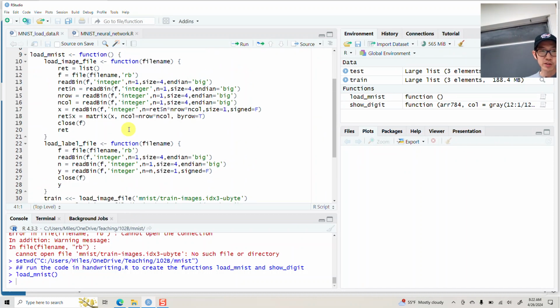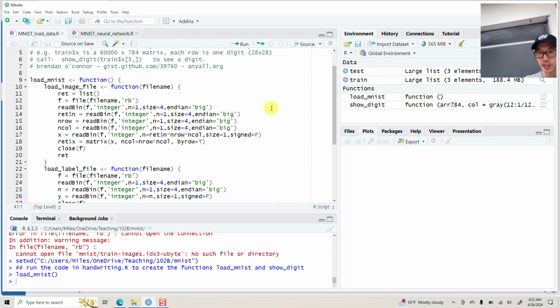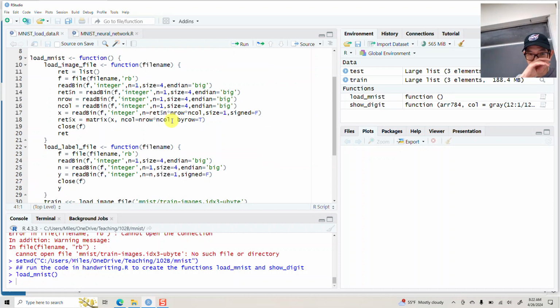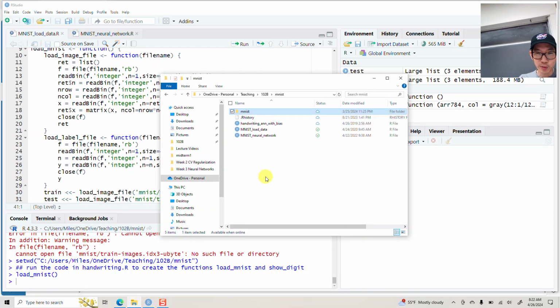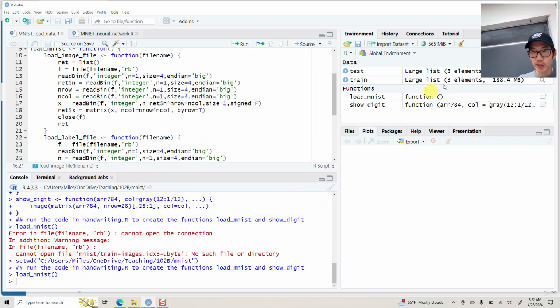These scripts read in the MNIST data files, which I think are in binary format and are a little bit hard to read, but we can read them into a form that R can understand.